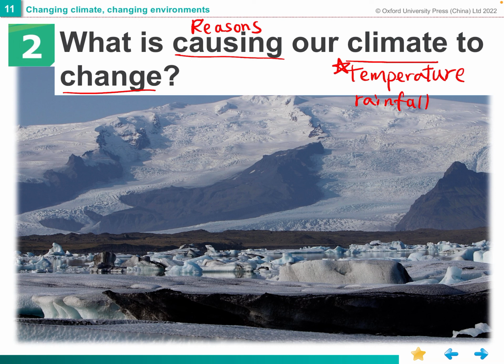We have brainstormed some of the reasons. In this whole chapter, we will explain in detail what makes our climate change. I will introduce a mechanism, a situation happening in our world that makes us getting warmer, makes our climate have a higher annual mean temperature.